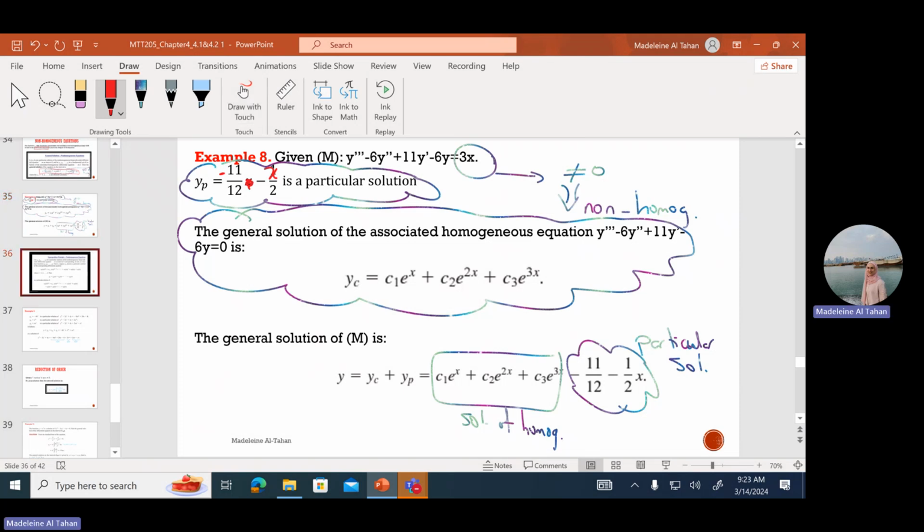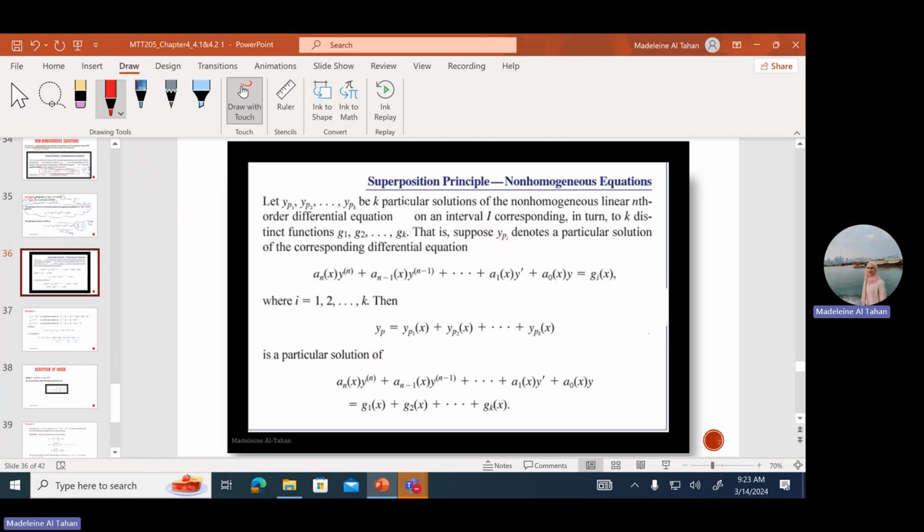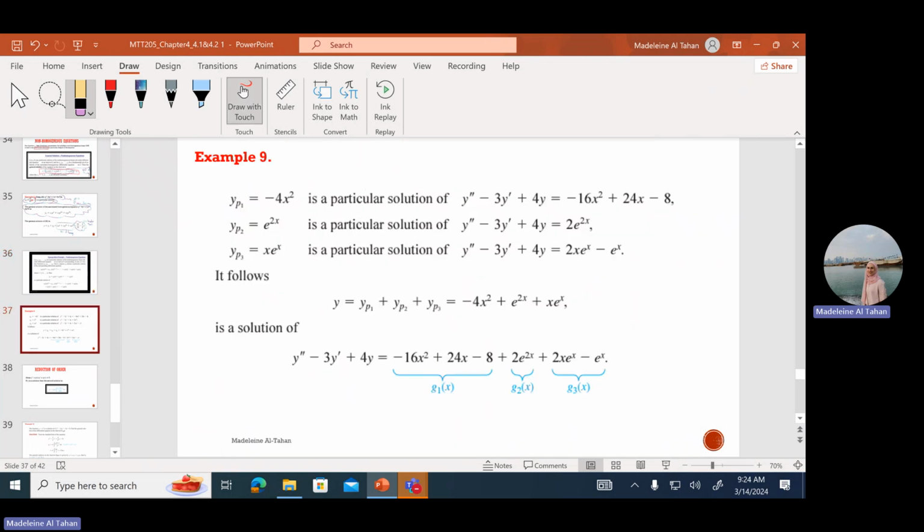If we have more than one particular solution, we will put all the particular solutions together as one particular solution: yp1 plus yp2 and so on. I will give you an example here just to understand that. If you look, this is a particular solution, this is a particular solution, and this is a particular solution. So all the particular solutions, we will add them up, and we will put the general solution plus the particular solution. Okay, Miss?